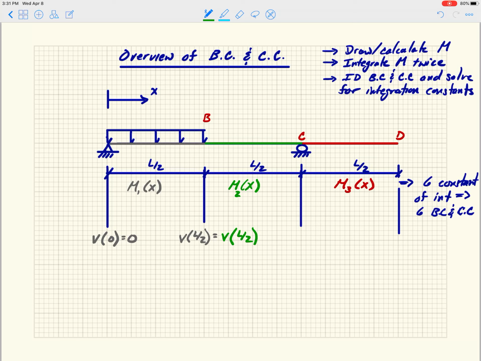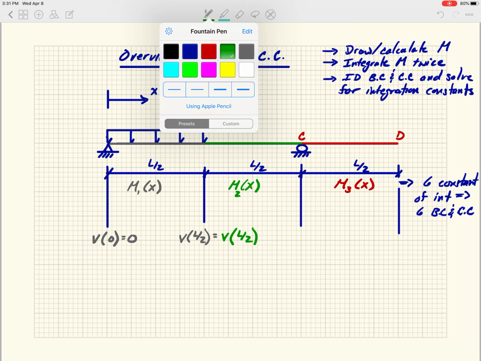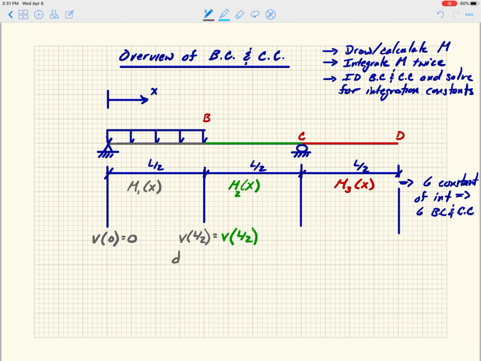Right? And then we can also write that dV dx evaluated at x equals L over 2 has to equal dV dx of the green curve evaluated at x equals L over 2, right?